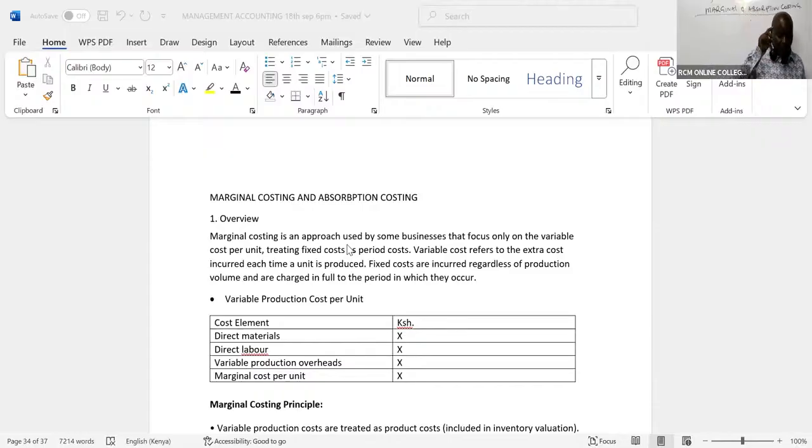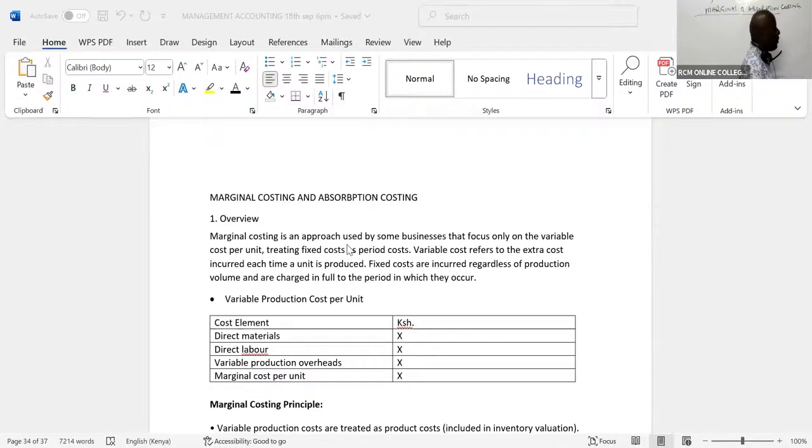I repeat, that marginal costing is an approach used by some businesses that focuses only on variable cost per unit, treating fixed cost as period costs.